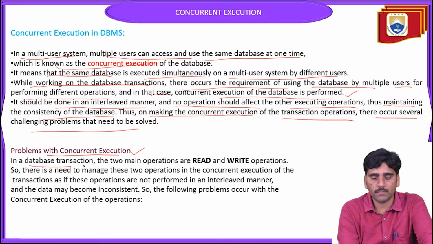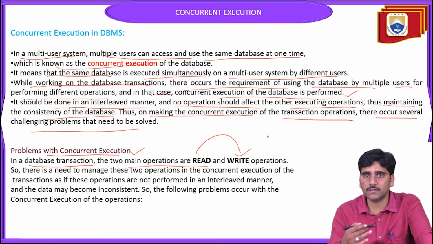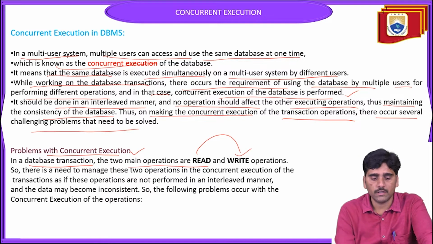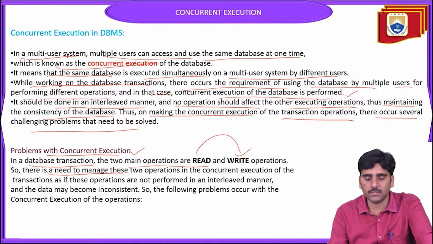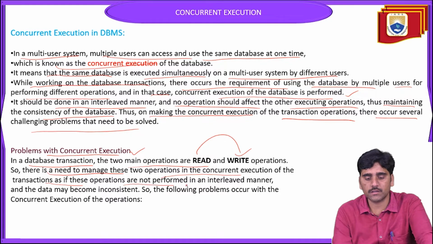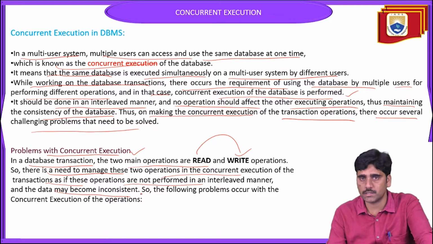In a database transaction, the two main operations are read and write operations. Reading the transactions and writing or updating the transactions are the two main operations. There is a need to manage these two operations in the concurrent execution of the transactions, as if these operations are not performed in an interleaved manner, that means the transactions are not performed one by one, and the data may become inconsistent.